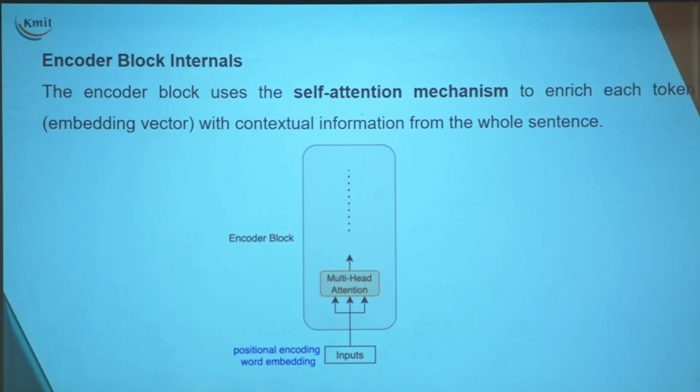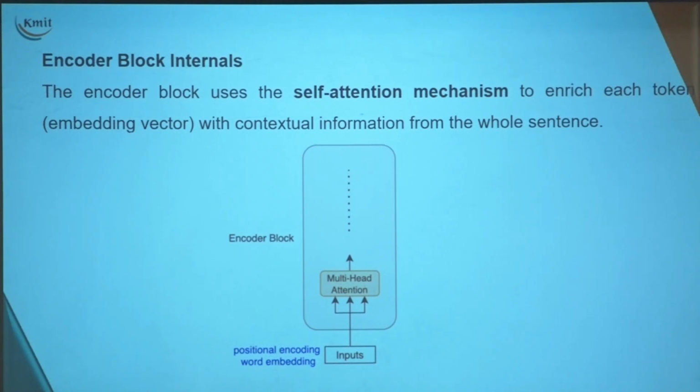And what is the first step of operation happening in the encoder block? Self-attention. That is multi-head. All self-attentions together is multi-head attention. I'll explain that. So the encoder block uses the self-attention mechanism to enrich each token with contextual information.